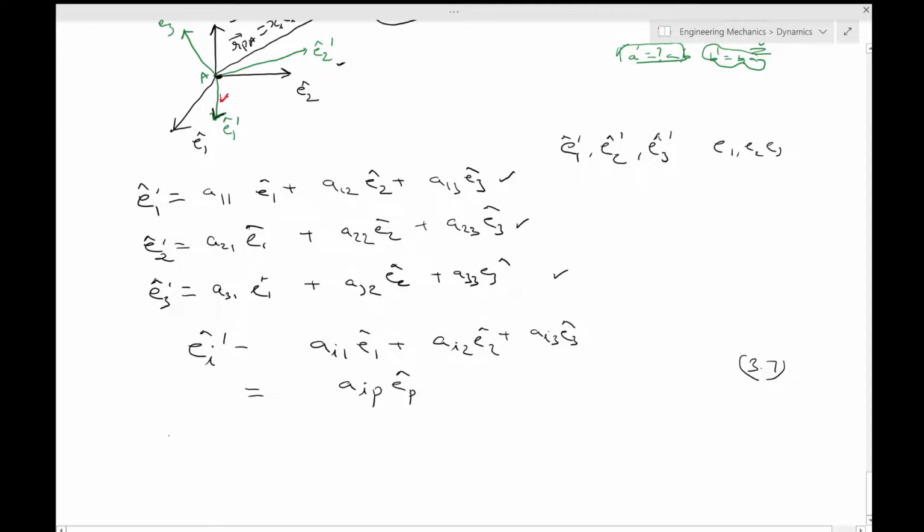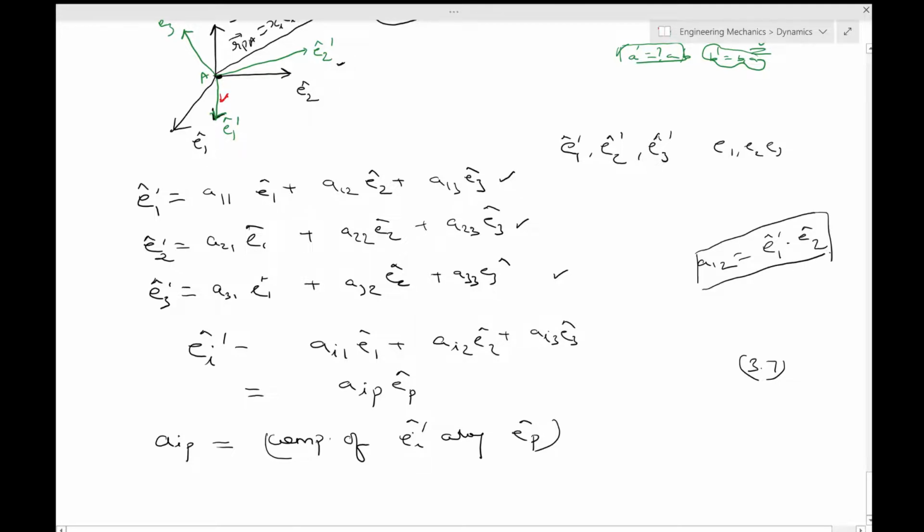Now Aip is, as you know, the component of ei dash along ep. How do I know this? Let me take up, say, A12. This is the component of e1 dash dot e2, ep is e2.